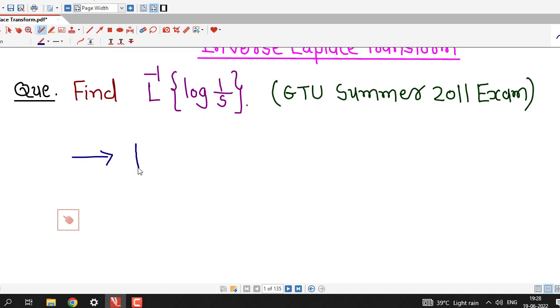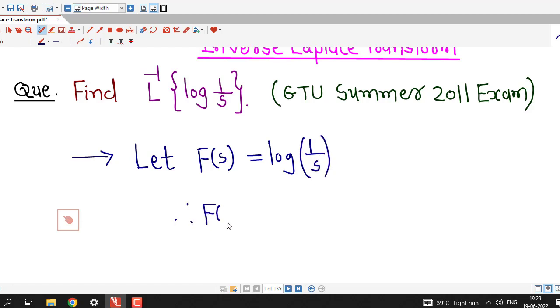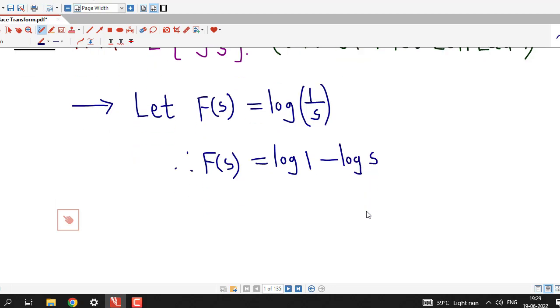So the first step is we denote the given function by capital F of s. Let capital F of s equal log of 1 by s, and we can rewrite our function using the property of logarithmic function. I can rewrite this as log 1 minus log s, and here log is the natural log, therefore the value of log 1 is 0, and we have minus log of s.